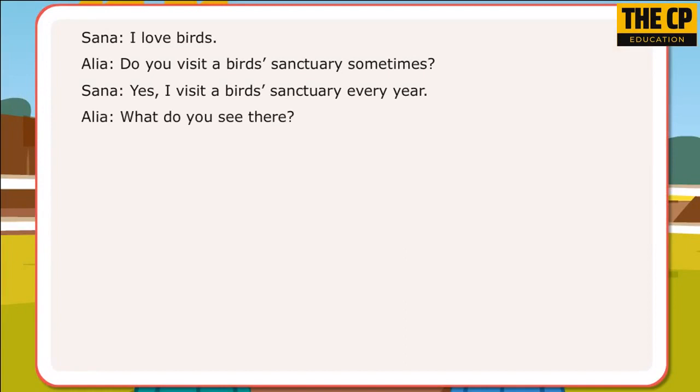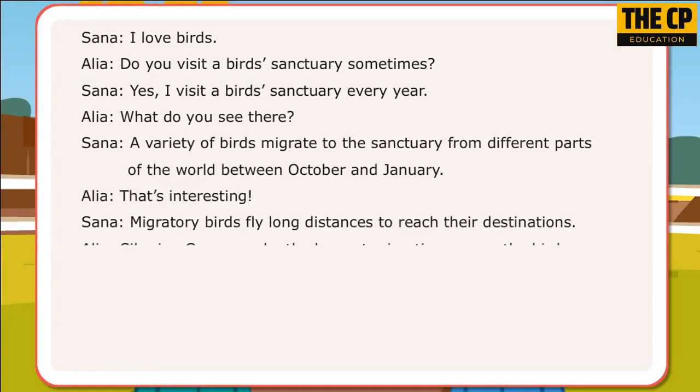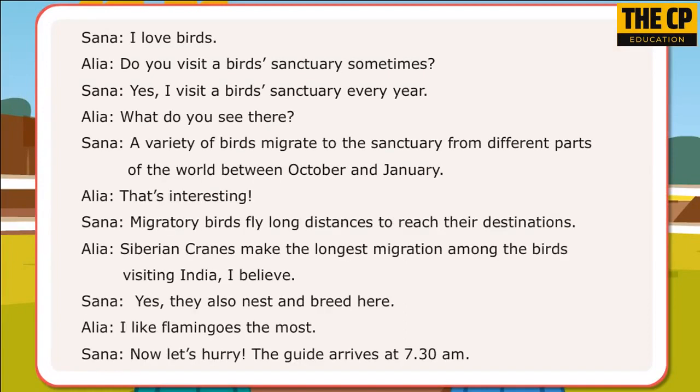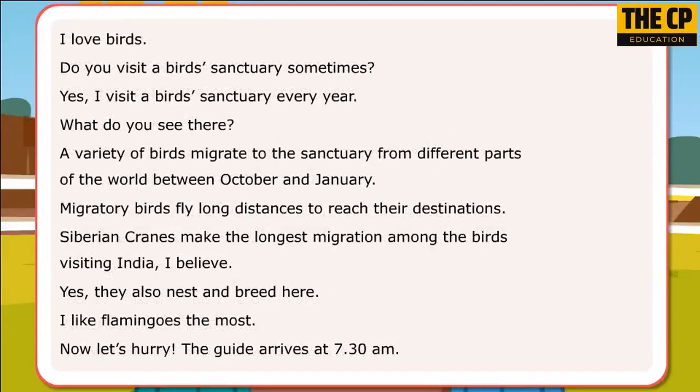In this dialogue between two friends, the verb is used in the present simple tense. Here are some examples of sentences with verbs in present simple tense. I love birds. Present simple. Do you visit a bird sanctuary sometimes?